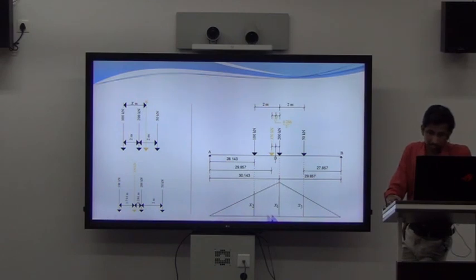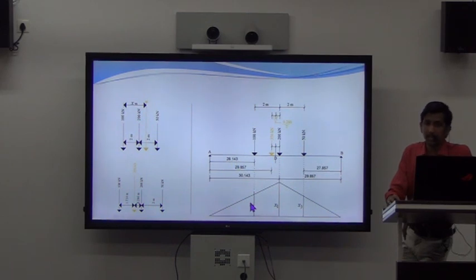In order to calculate x2, just consider these two similar triangles: the larger triangle formed by x1 and the smaller triangle formed by x2. x2 by x1 will be equal to this smaller base divided by this total length. This smaller base is 28.143, divided by 30.143.